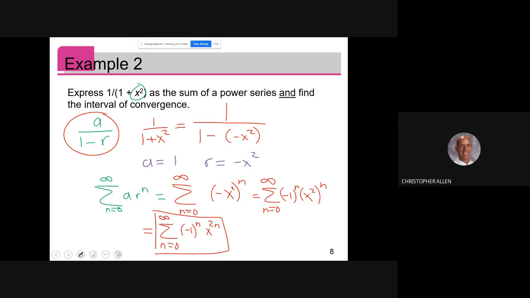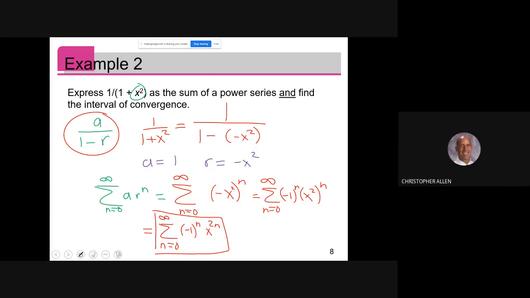Now I have a question. What is the radius of convergence on this one? Is it just 1?